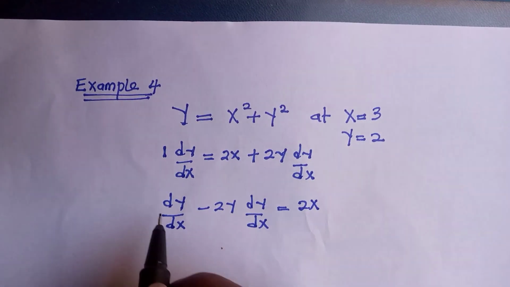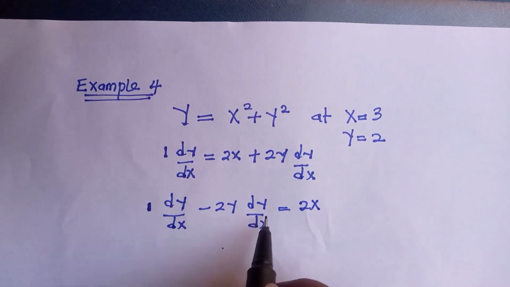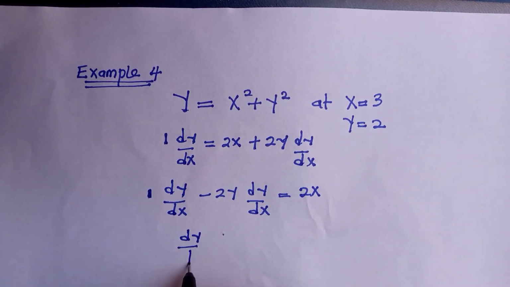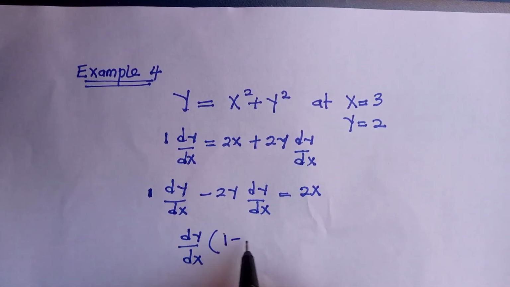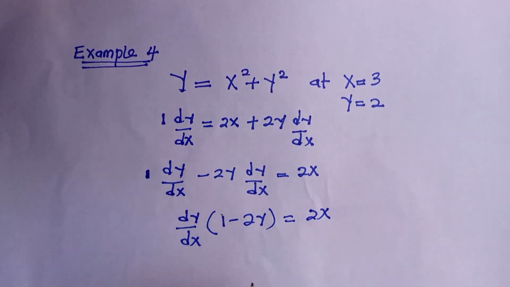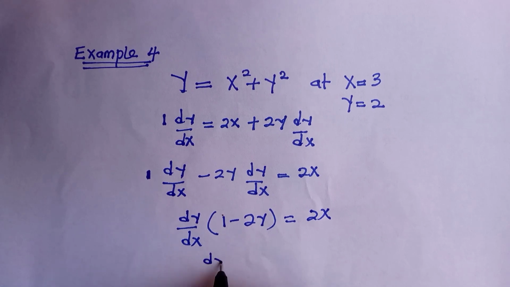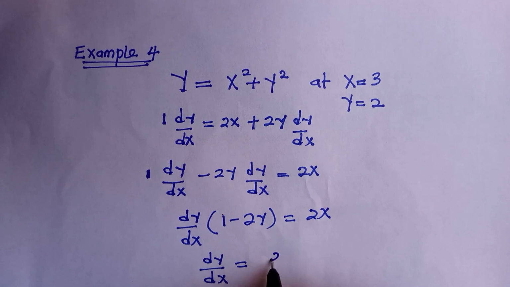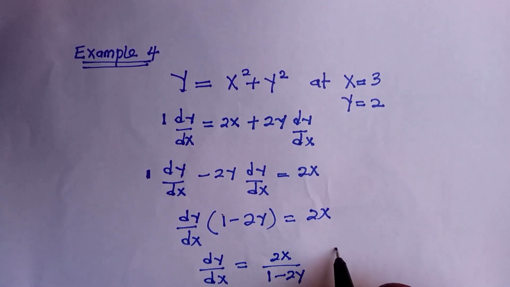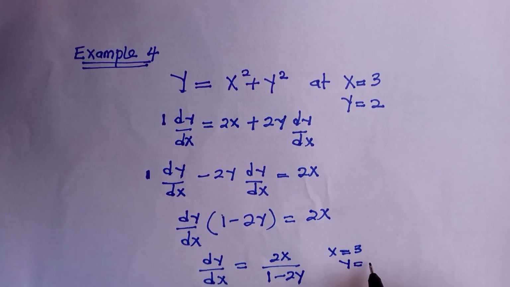And the first dy/dx is having 1, alright? So the dy/dx is common to both. We do the factorization by taking the dy/dx out. Taking it out, we are going to have 1 minus 2y, equals 2x. So we divide through by 1 minus 2y, then we have dy/dx equals 2x divided by 1 minus 2y. From this we have x equals 3, y equals 2.